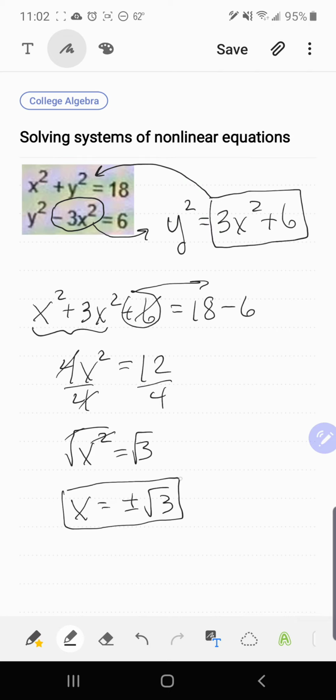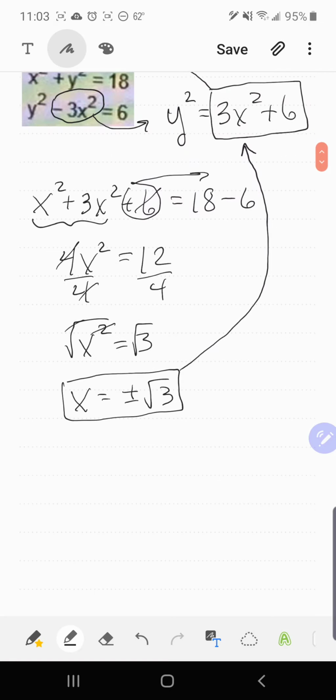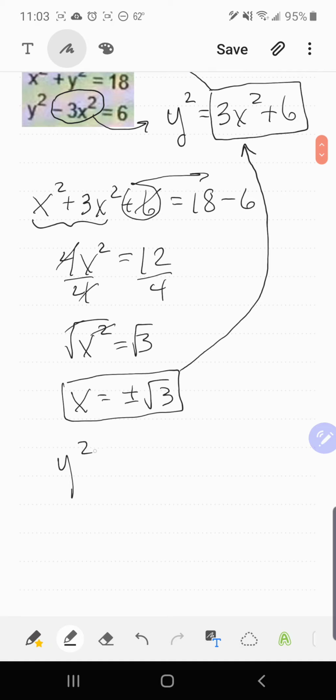And the way we're going to do that is we're going to take these values of x and plug them back in right here into this equation where we solved for y squared. All right, slide that up a bit. And that's going to give me y squared equals 3 times... Now, to save time, I'm going to plug in both the plus and the minus square root of 3 at the same time.